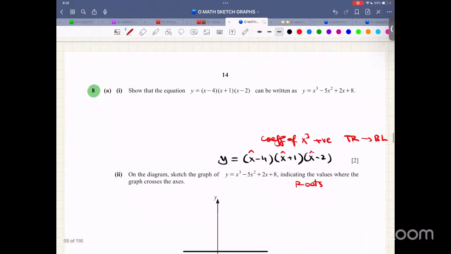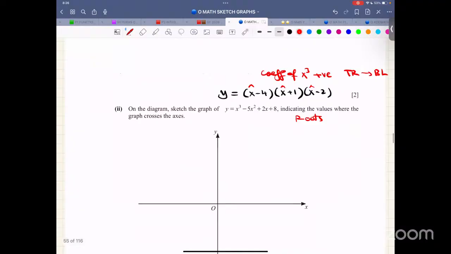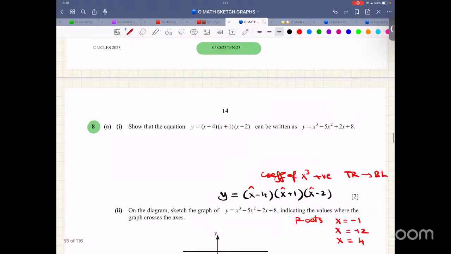Now, this one is already factorized for you, okay? So therefore, the roots: y is equal to 0, x is negative 1, x is positive 2, x is positive 4. If the Cambridge examiner will make you factorize, that is necessary, of this form, ax cubed plus bx squared plus cx. There is no d, there is no constant.